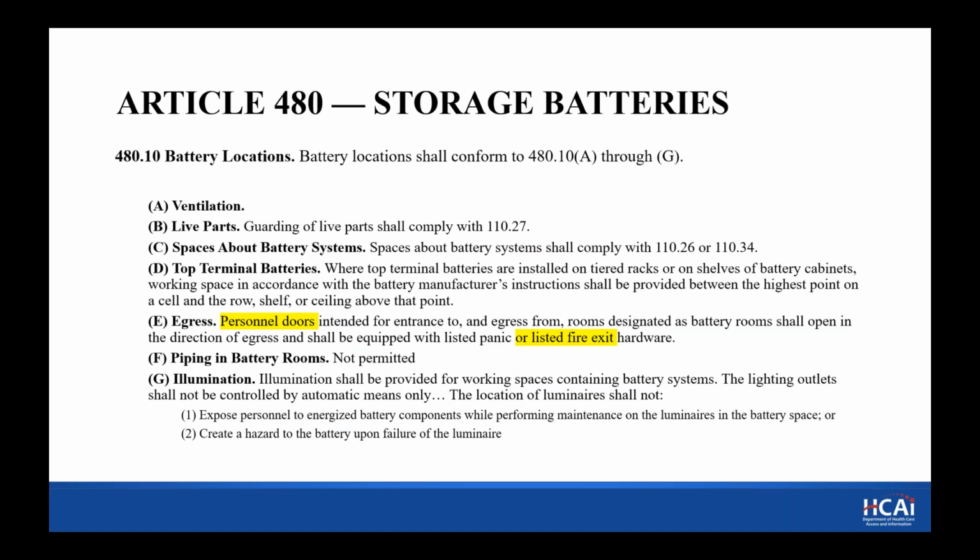And again, just like our electric rooms, there are requirements for guarding of live parts, space around batteries, and egress requirements, including personnel doors that open in the direction of egress, with listed panic hardware.